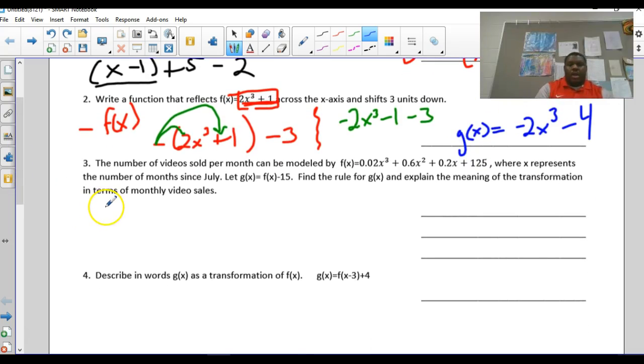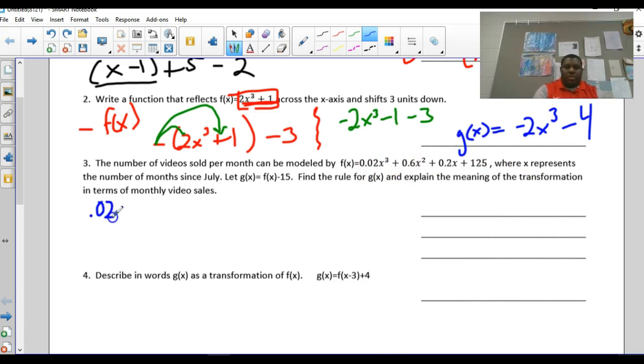For this problem right here, guys, it says the number of videos sold per month can be modeled by this equation right here, where x represents the number of months since July. Let g of x equals f of x minus 15. Find a rule for g of x and explain the meaning of the transformation. If you take this equation, this whole thing is f of x.